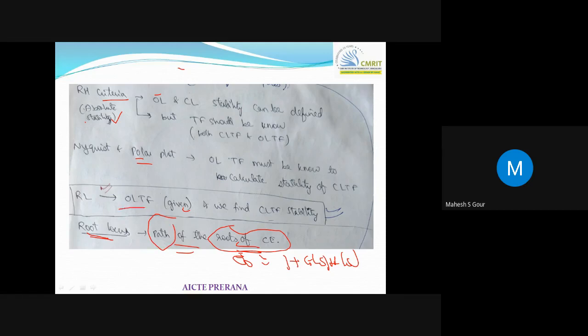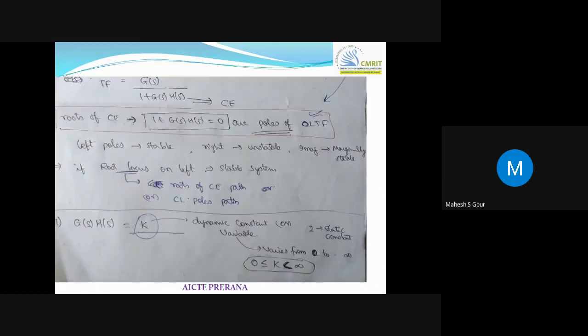So in the root locus, what will be given? OLTF, open loop transfer function, will be given like this: 1 by S plus 2, S plus 3. This is the open loop transfer function. Now, with this open loop transfer function, we are checking closed loop transfer function stability, right? Suppose the root of your characteristic equation 1 plus G of S into H of S is equal to 0.